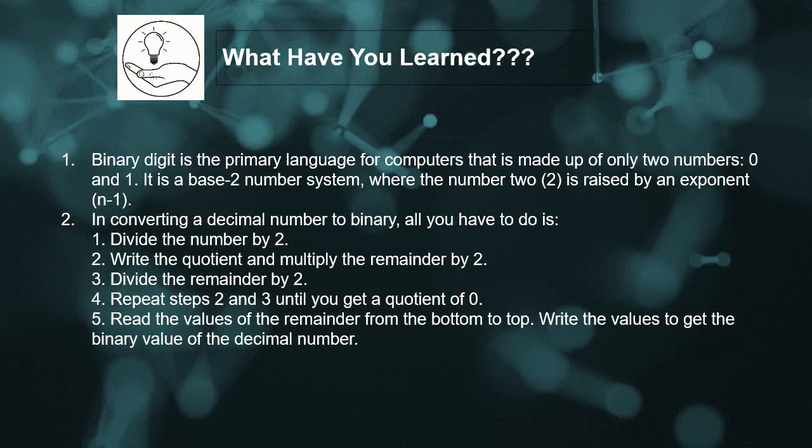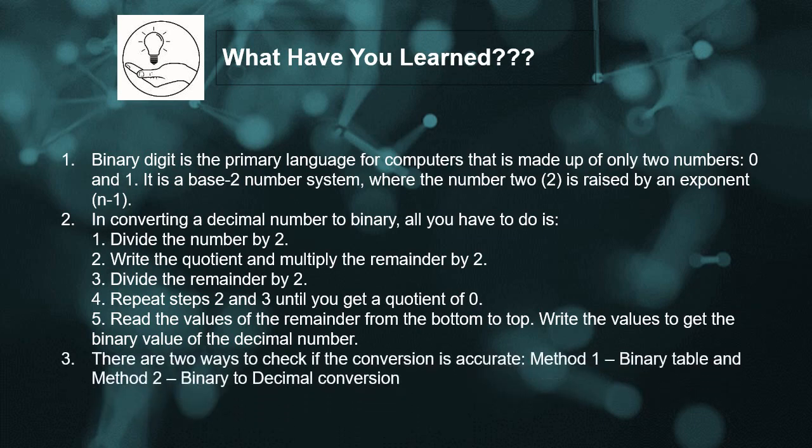And last step is to read the values of the remainder from the bottom to top. Write the values to get the binary value of the decimal number. There are also two ways to check if the conversion is accurate. Method 1 is using the binary table, and method 2 is binary to decimal conversion.